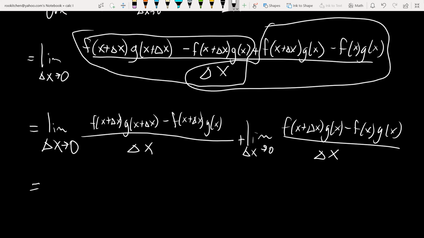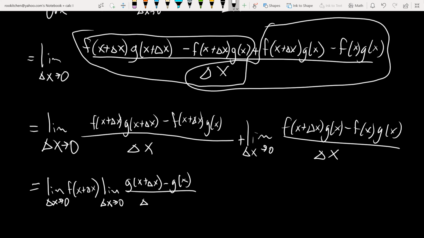So firstly, I factor out the f of x plus change in x, and then I can split this into two limits, right? The limit as change in x goes to 0 of f of x plus change in x, times the limit as change in x goes to 0 of g of x plus change in x minus g of x, all over change in x.